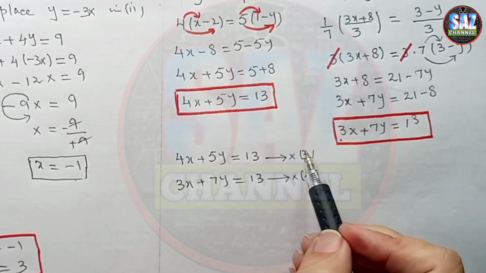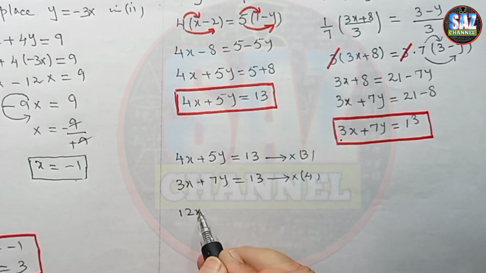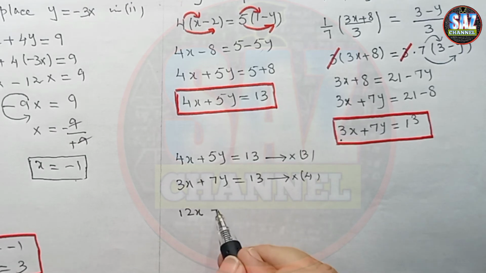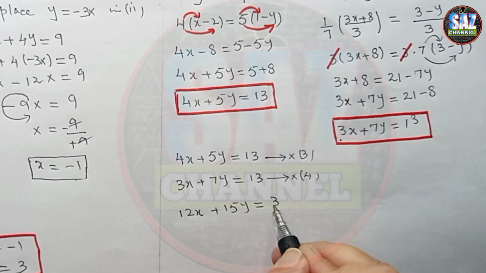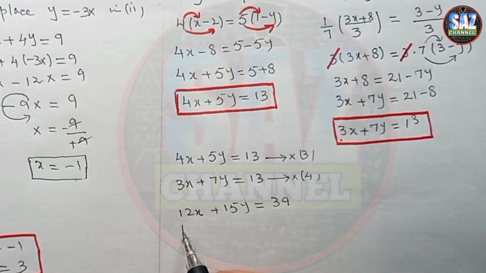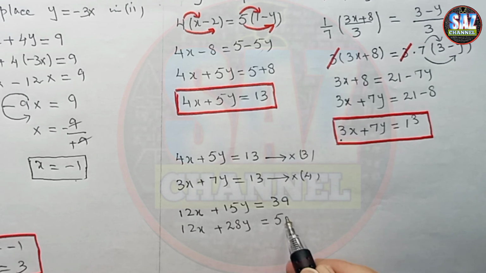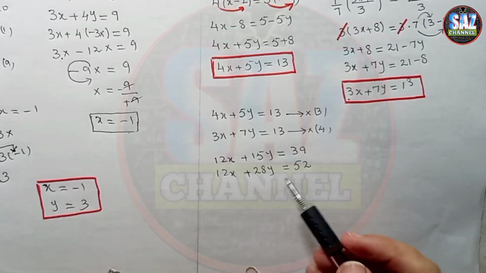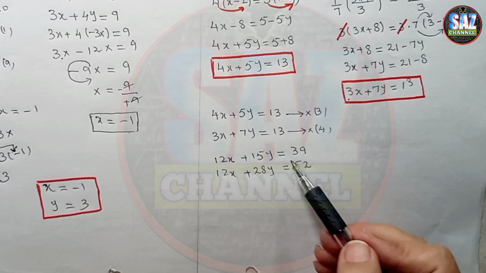So equation 1 will take the form 4 3s are 12x plus 5 3s are 15y equals 13 3s are 39. Coming to the second equation, 4 3s are 12x plus 7 times 4 is 28y, and 13 4s are 52.